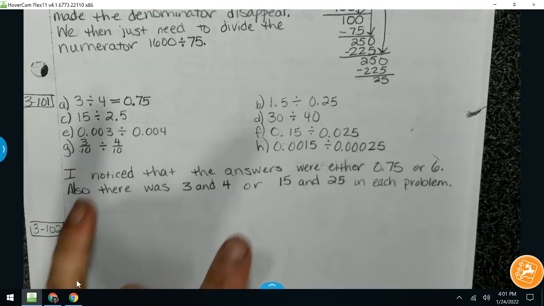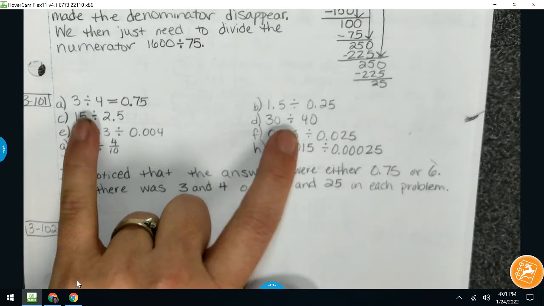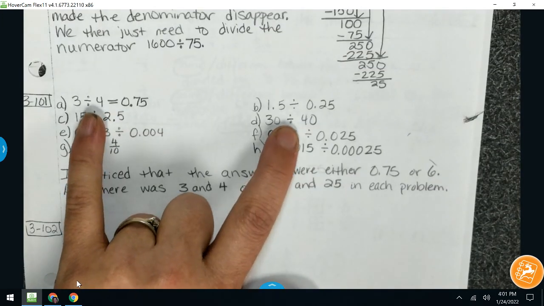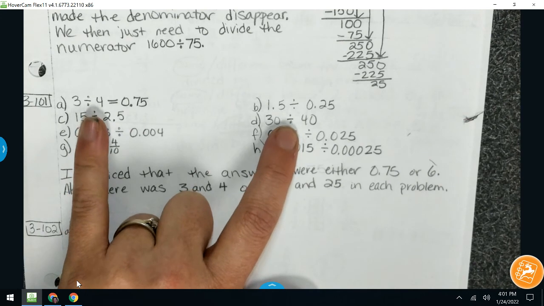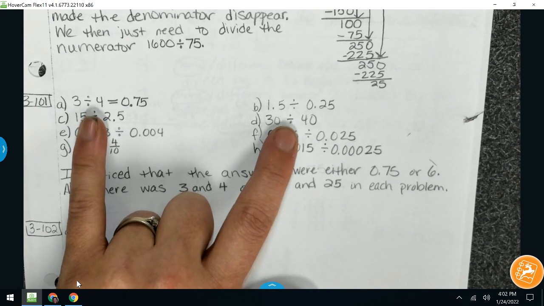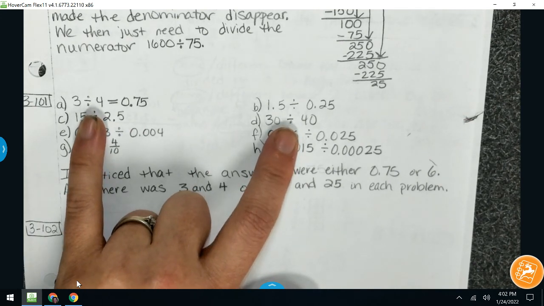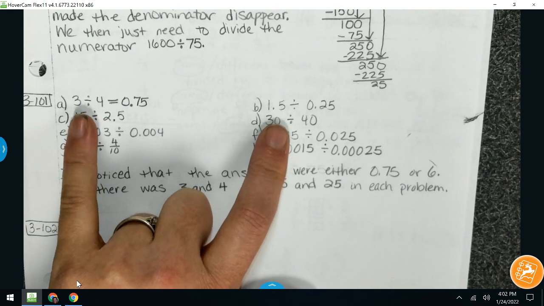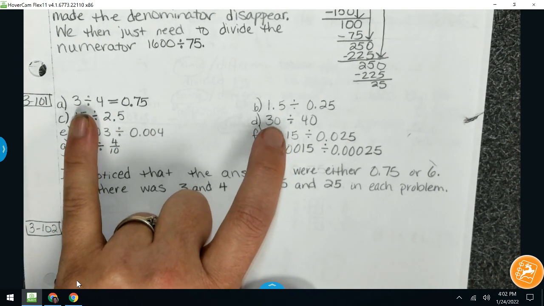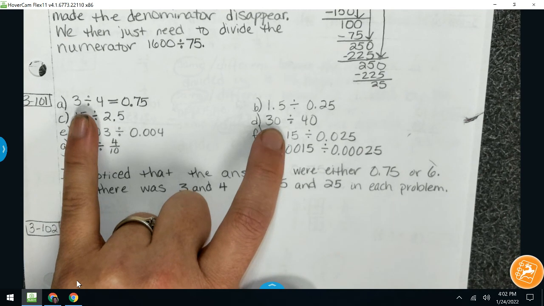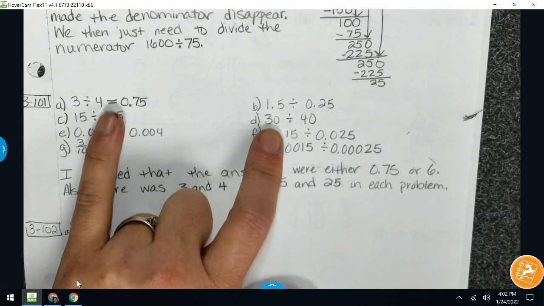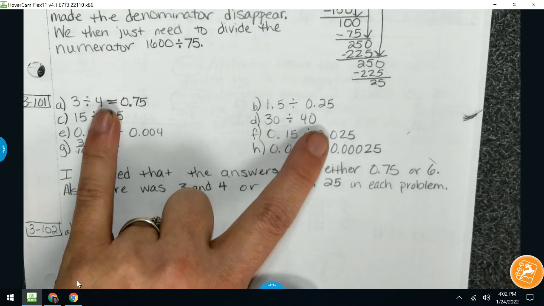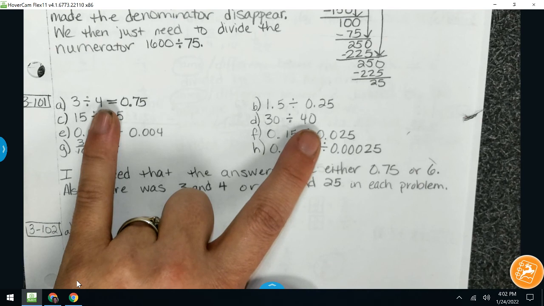So if I look at alpha and delta right here, what's different about those two? I have 30 right here and I have 3 right there. So to get to 30, I would need to multiply by 10. And with 4 right here and 40 right there, I would also multiply by 10.